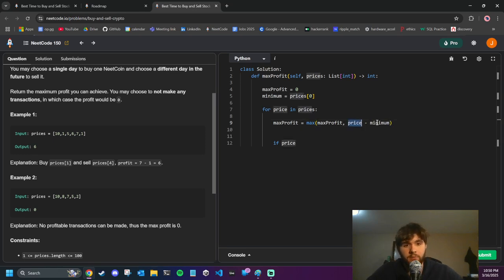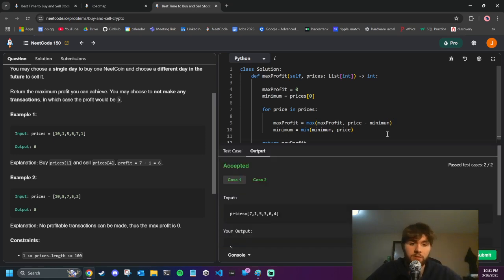So whatever we're at minus the minimum. And then I guess we could just say minimum equals the min of itself and price. Okay, let's see if this would work, and then we would return max profit like that. All right, so that.